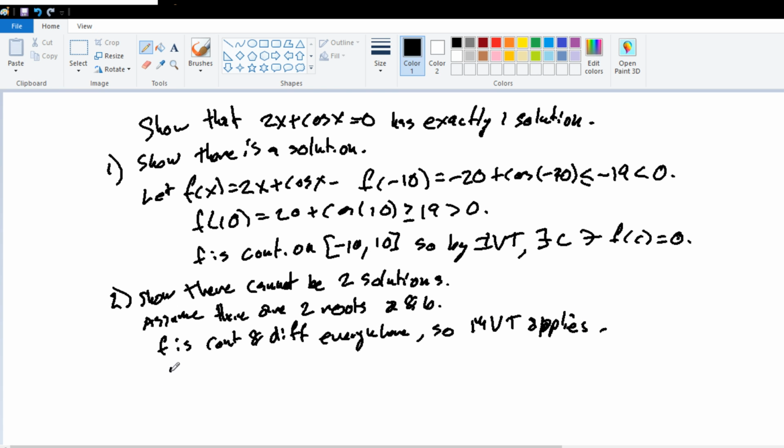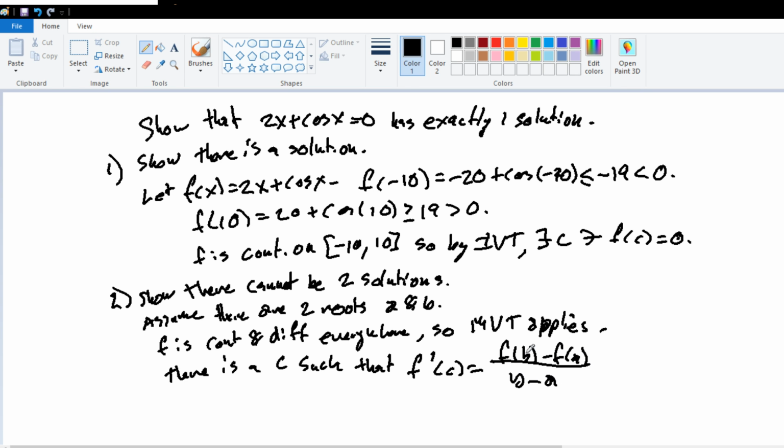Well, it says that there is a C such that f prime of C is equal to f of B minus f of A over B minus A. But f of B is 0, f of A is 0, 0 minus 0 is 0, and we just said that B and A are two different numbers, so 0 divided by something that isn't 0 is 0. Well, that means that the derivative has to equal 0 at C.